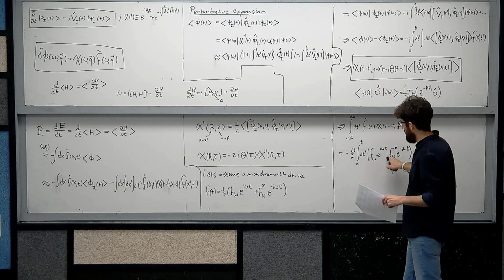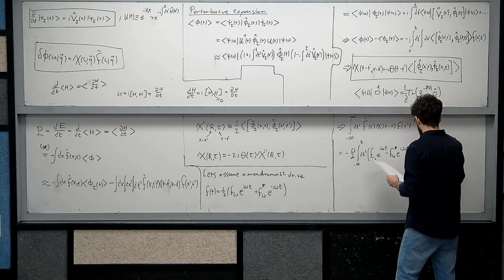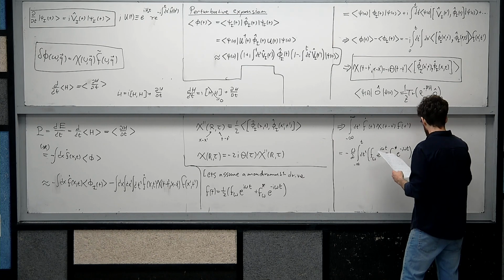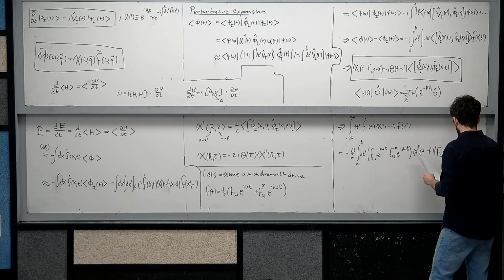And the minus here is because we took the time derivative. Then I have chi double prime of t minus t prime, and here I have f omega e to the I omega t prime plus f omega star e to the minus I omega t prime.